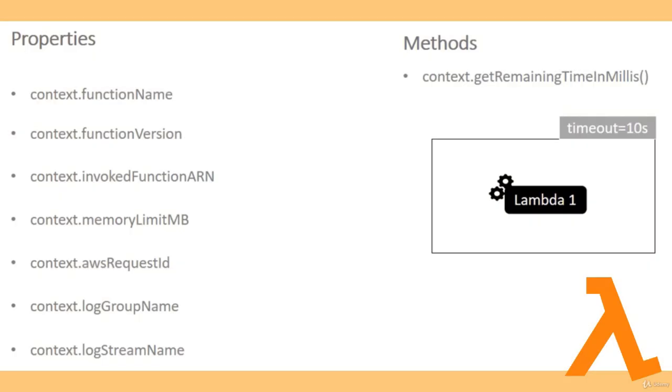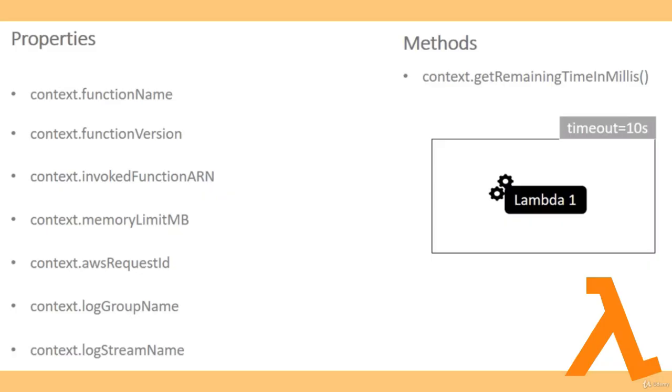So as you can see here, there are some properties and methods for this context object. Using this context object, we can check function name, check function version, and get the invoked function ARN. As we know, a single AWS Lambda function can have various versions like version 1, version 2, version 3, 4.5, and so on.